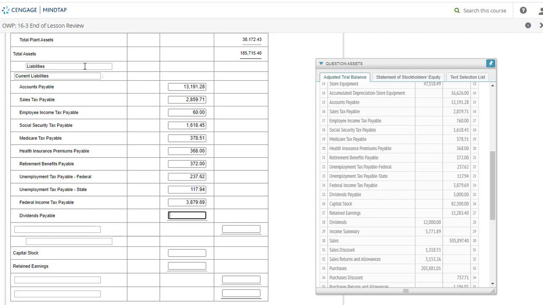Our dividends payable is $3,000. And then that's going to get us down to our total liabilities, which when we total all those up is $26,783 and 20 cents. And now we're going to go into stockholders' equity.